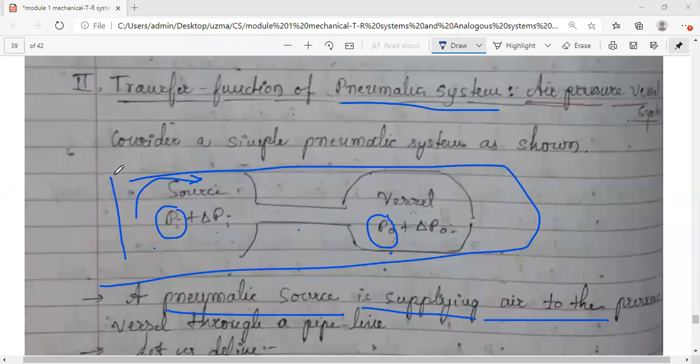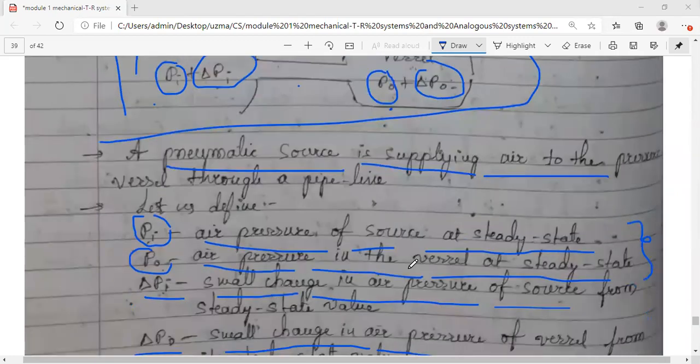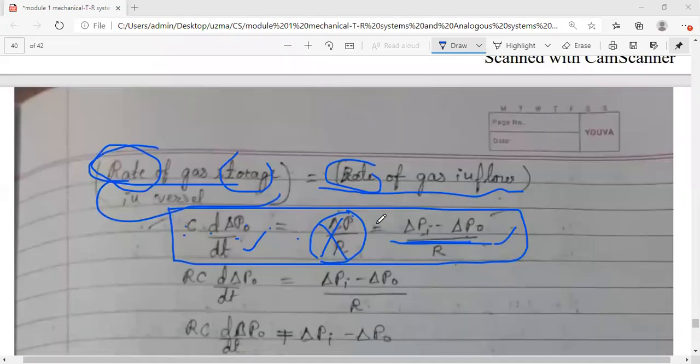Yeah, it's very clear cut. A very simple system is taken. Whatever you supply, that is your input, and whatever is being stored, that is your output. In terms of delta we will talk, because the PI and P naught we are taking are steady state values. That's why we should observe a change. Very good. So PI and PO are the input and output.